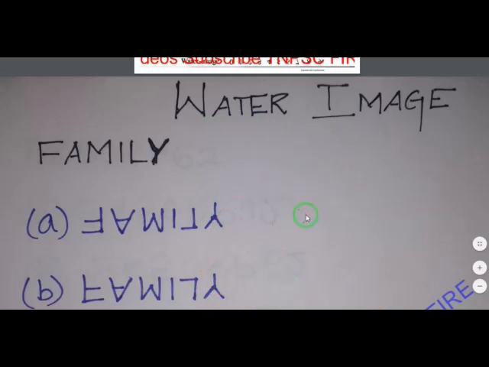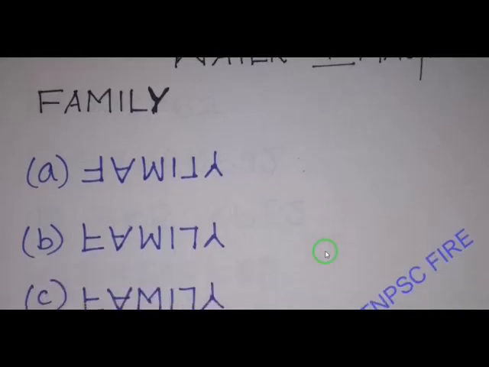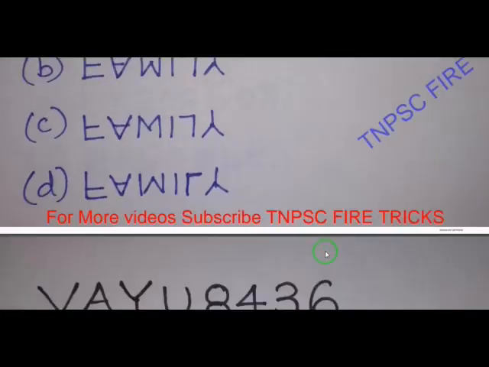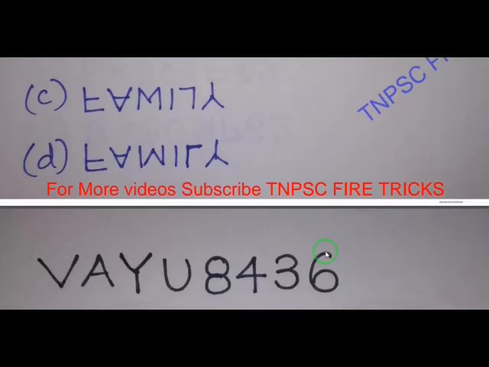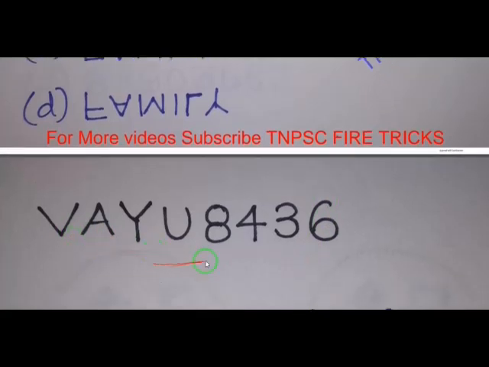Shall we move on to the next model? If they give numbers in the same model, what will we do? Here they use numbers within the words also. This is the second question: VAYU8436, they include numbers. You use the same technique as in the first question.